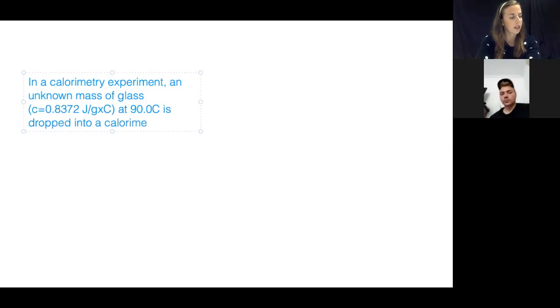So calorimeter, and then it's going to give me the specific heat of the calorimeter.